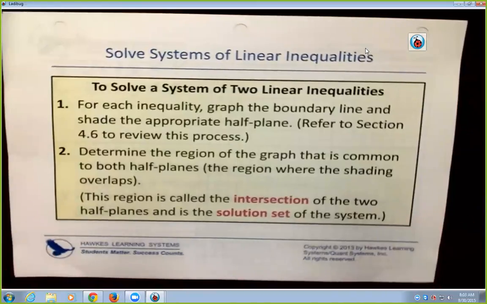So to solve these, first, we said that for each inequality, the graph is a boundary line, and the shaded appropriate half plane refers to the section in 4.6. So in 4.6, we had a section that was letting us graph these, and we ended up graphing them and coming up with what their solutions were.